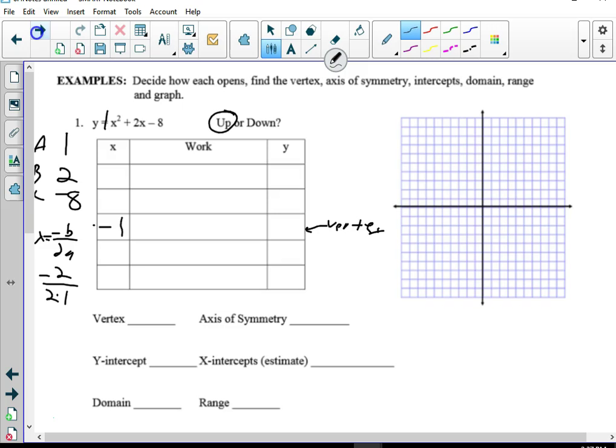Okay? So now we're going to plug negative 1 in up here. Negative 1 squared plus 2 times negative 1 minus 8. Again, this is where you don't want to use a calculator, you want to use your brain. What's negative 1 squared?